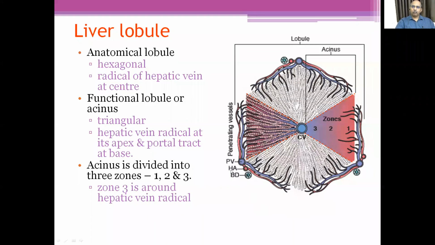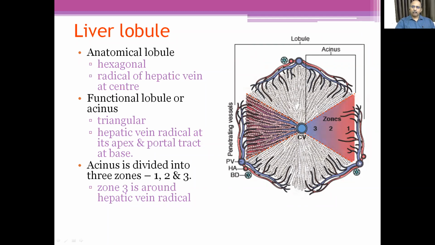This portal tract with the central vein in a triangular shape is called a functional lobule, or acinus. Based on the blood supply, it is divided again into 3 zones. The artery usually supplies oxygenated blood, and the portal vein carries nutrient-rich blood.